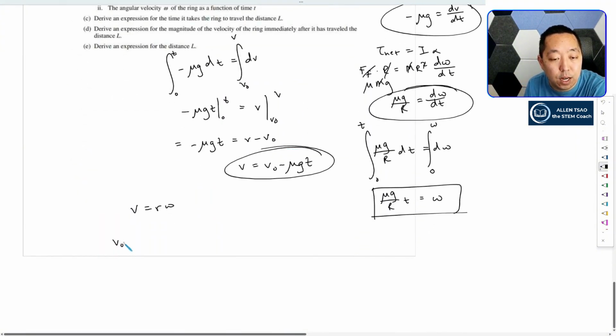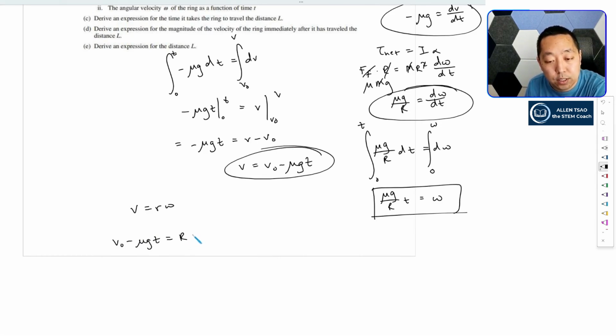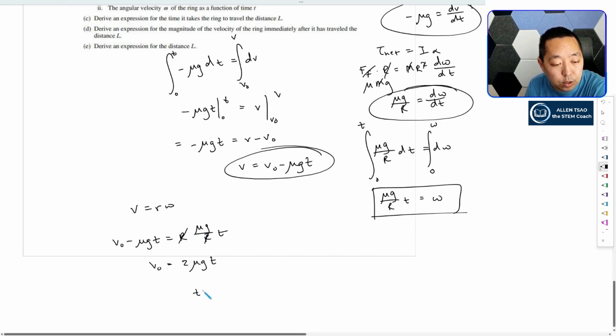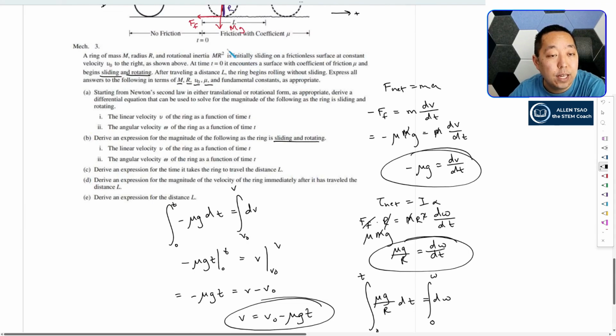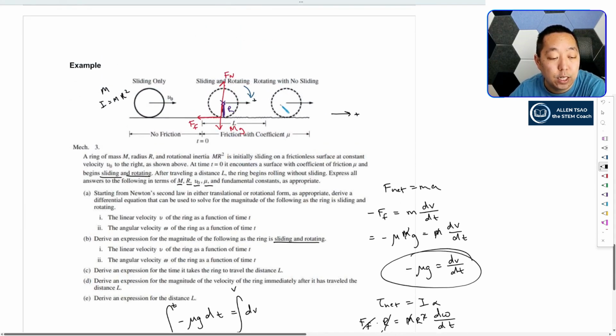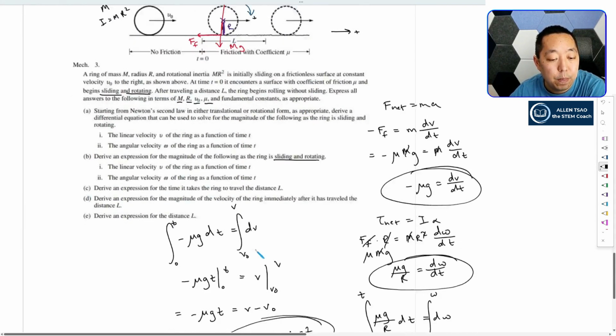So we have v naught minus μgt is eventually going to equal the radius times μg over r t. So that r's will cancel. And here we can solve for the time. v0 is going to be 2μgt. Oh, so the time's going to take v naught over 2μg. So that's how long it will take to travel that distance L. That's when it will begin rotating and not sliding at that point.